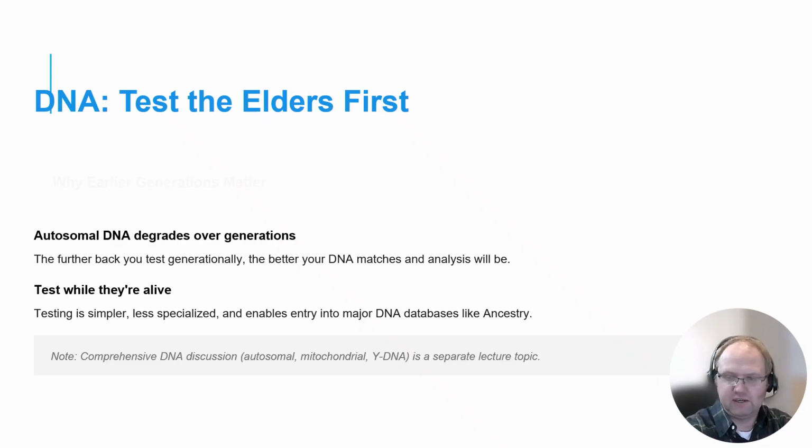So anyways, I won't deep dive into that today. There's Y-DNA, the male-determining chromosome that's passed from father to son, and mitochondrial DNA, passed from mother to child, mother to mother to mother to child.